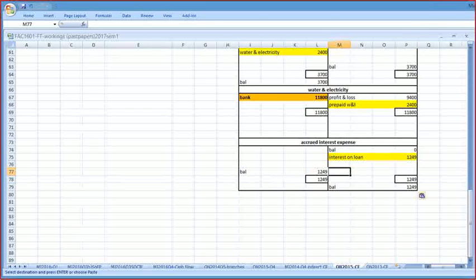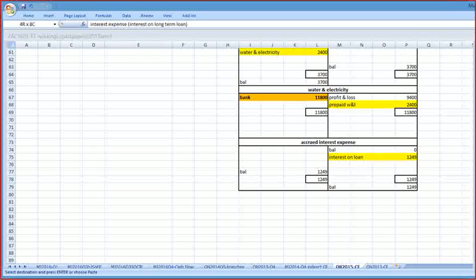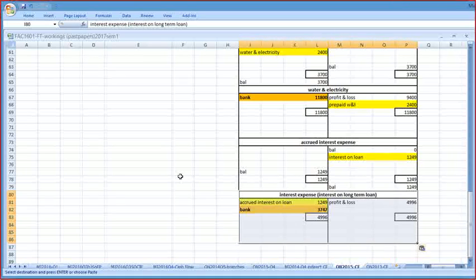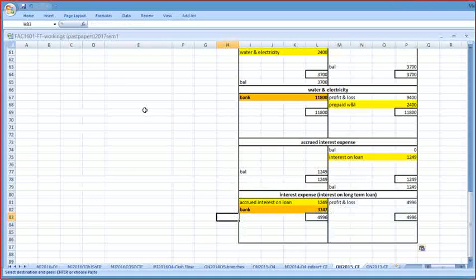Okay. And then on the interest expense, accrued interest expense is going to be 1,249. Which side? On the debit side. Then I'm confused with the rest. How much? It's 4,996. There we go.